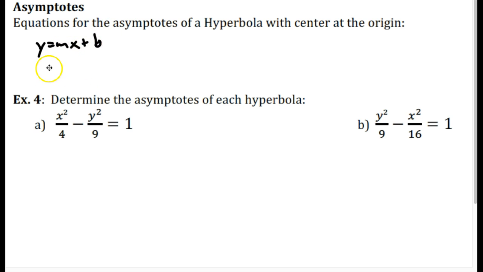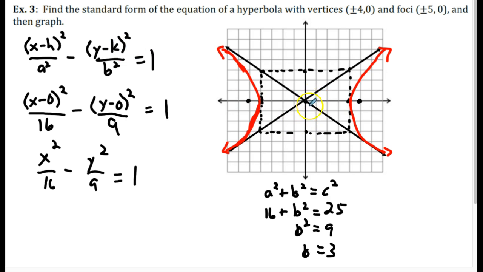So really all I need is the slope. Well, if I look at that last example, the slope of each of these lines, how far up and how far over I go, well, I went up 3 over 4. So all I'm doing is taking the square root of the denominator over the square root of the denominator, right?